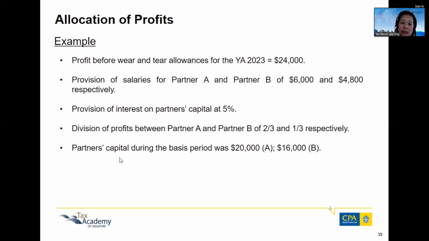And then there's a sharing basis, which has been agreed at 2/3 for partner A and 1/3 for partner B. We have the amount of capital contributed, which is 20,000.